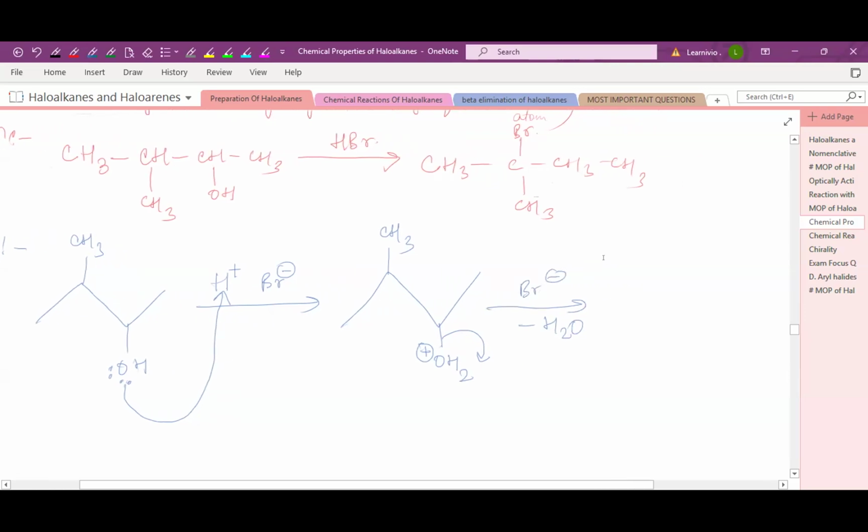So when the water is removed from here, there will be a positive charge. There will be a formation of carbocation over here: carbons 1, 2, 3, CH3 as it is, and if the water is removed from the second carbon, here there will be a positive charge, a formation of carbocation.